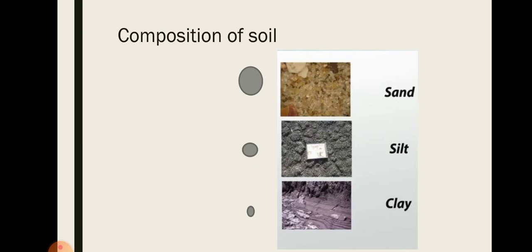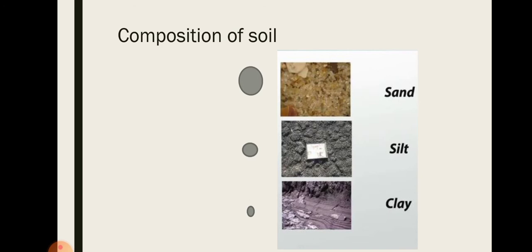First is sand. These are the largest soil particles. Here, three small circles indicates the size of soil particles. You can compare from these. Second is silt.